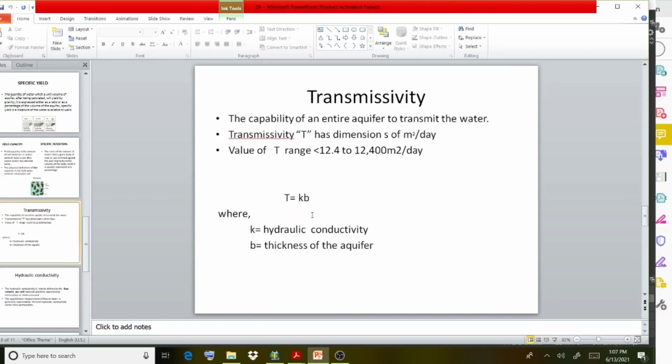You can write it as T equals K multiplied by B, where K is hydraulic conductivity, which we already discussed, and B is the thickness of the aquifer. So if you want to find this transmissivity, you can find it using the hydraulic conductivity and the thickness of the aquifer. These properties of the aquifer give an idea of how each term is connected or related.